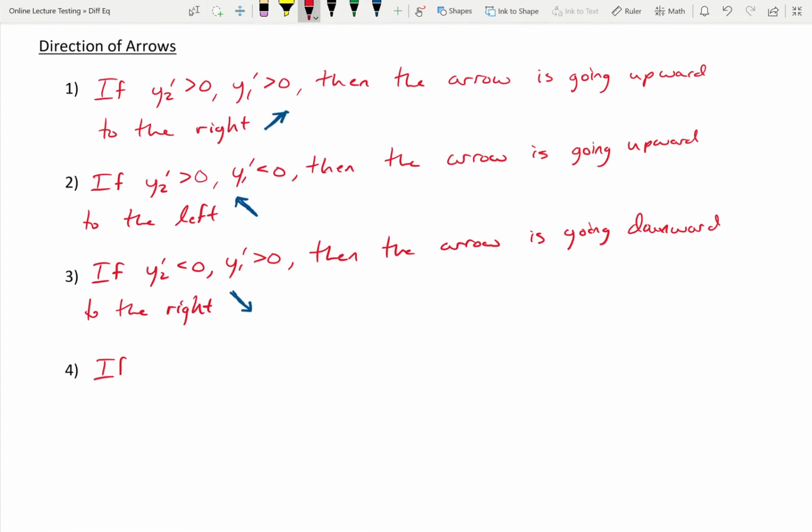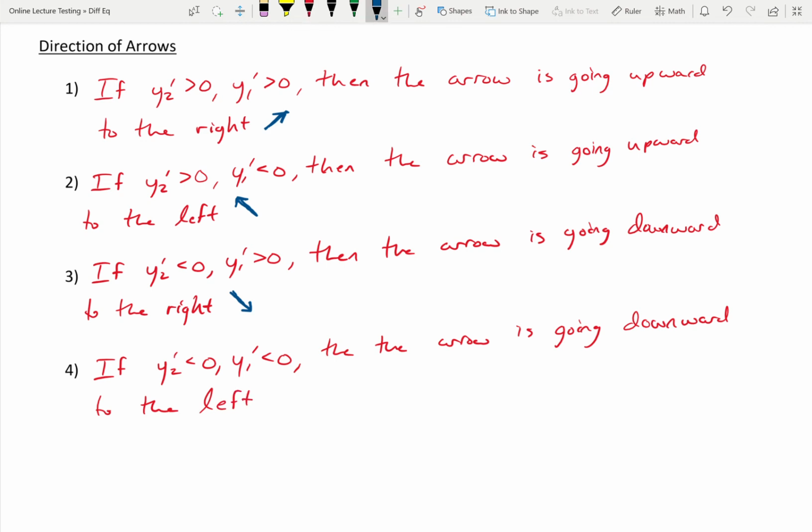And lastly, if y2 prime is negative and y1 prime is negative, the arrow is going downward to the left. Notice that the line segment still has a positive slope, but the arrow is pointing down to the left.